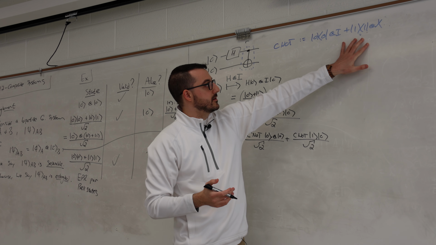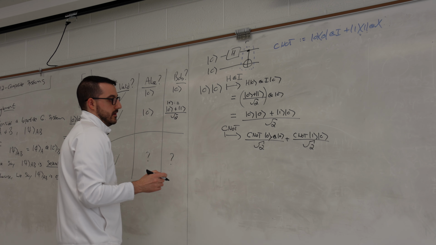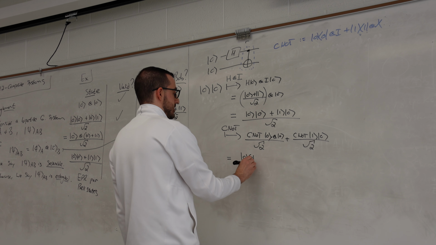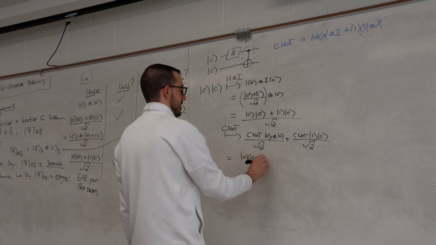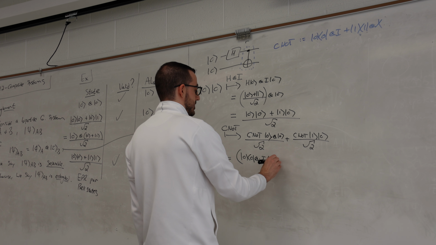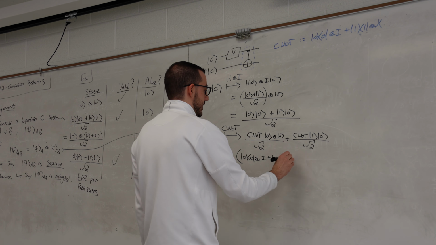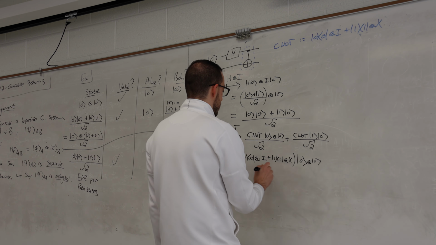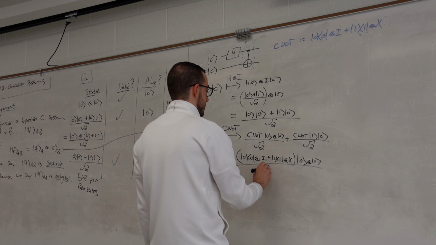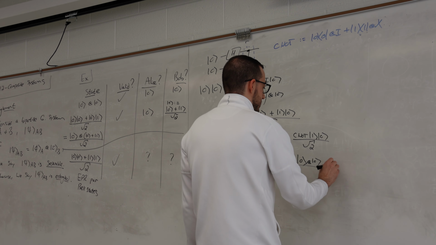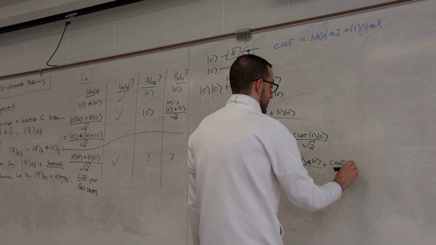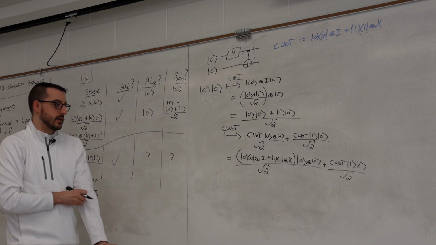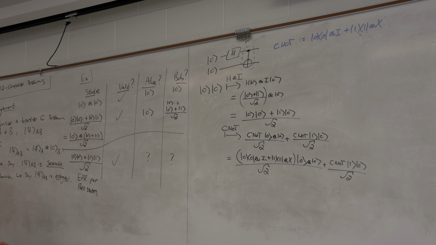The CNOT has 2 terms itself. So this is going to be equal to projector onto the 0 state, tensor identity, plus projector onto the 1 state, tensor Pauli X, all acting on 0, tensor 0 over the square root of 2. And then the other one I'm going to leave you to work out for yourself. So I'll just summarize it, same line as before, CNOT acting on 1, 0 over the square root of 2.